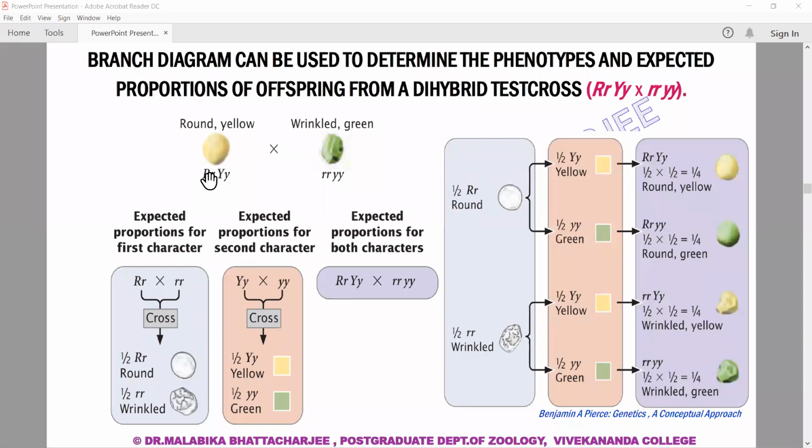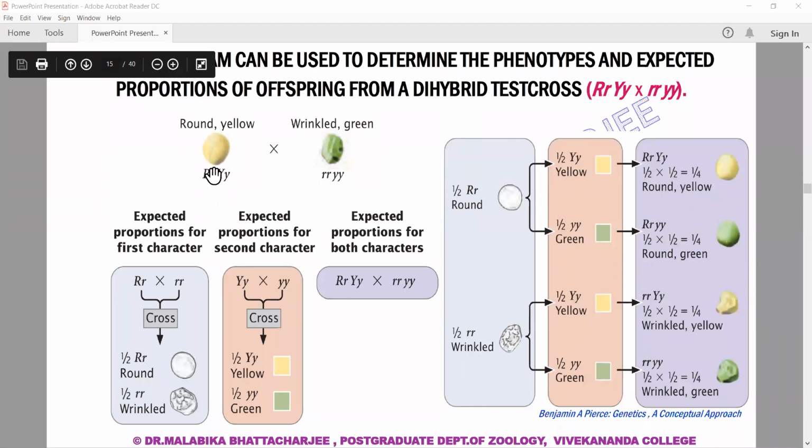This is how we calculate the probability of how the progeny will come. Now let us take the first cross, capital R small r into small r small r. What will be the probability of round phenotype and what will be the probability of wrinkled phenotype?